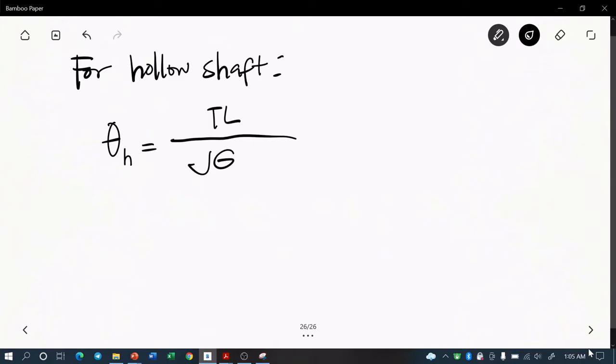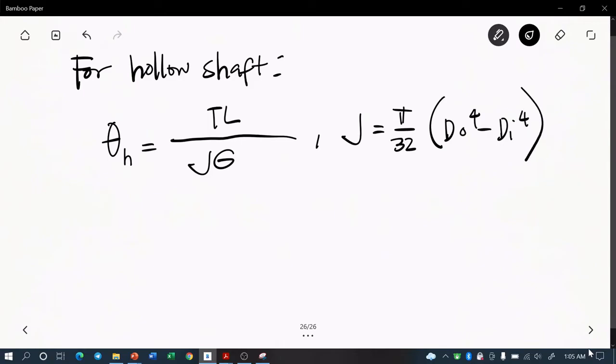But what differs between the hollow and the solid is that they have different centroidal polar moments of inertia. The centroidal polar moment of inertia, if you remember, is pi over 32 times do raised to the power 4 minus di raised to the power of 4.